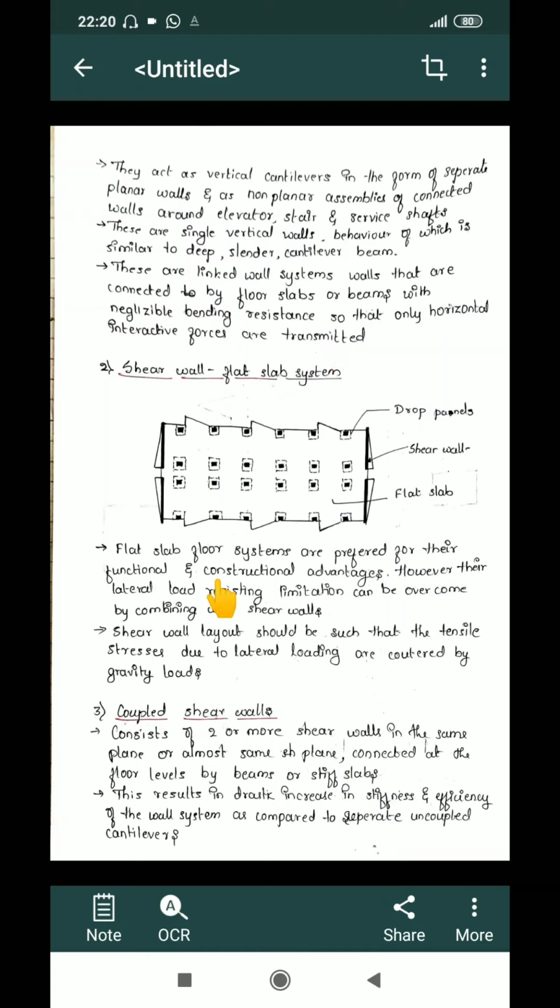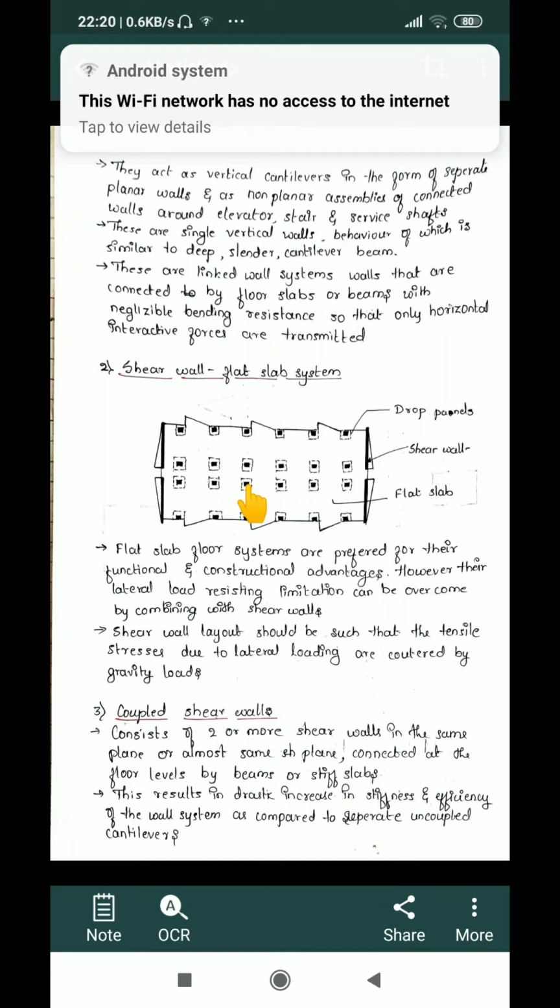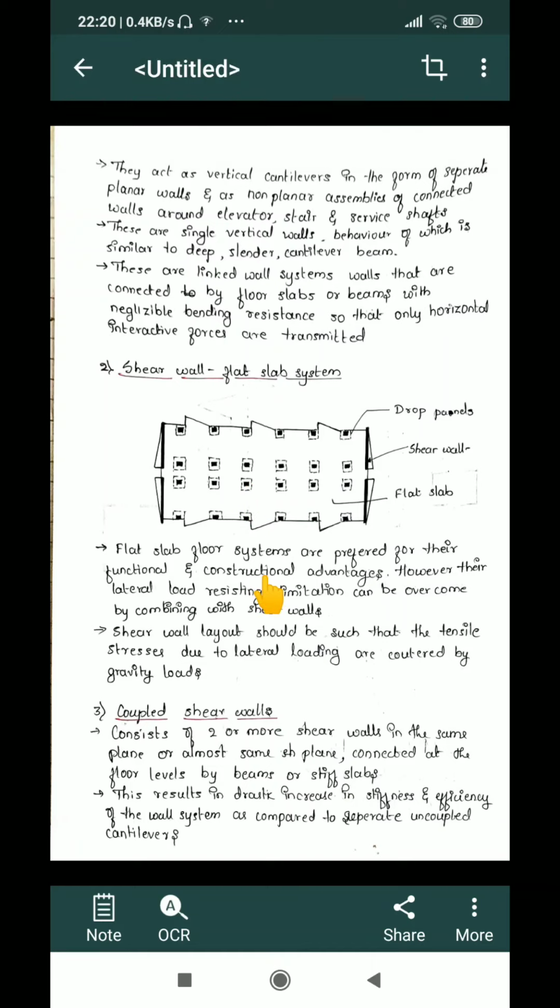Second type is shear wall with a flat slab system. We all know that flat slabs are a very preferred type of floor slab as far as functional aspects and constructional advantages are concerned. But the only disadvantage about the flat slab is that it is very poor when it comes to lateral load resisting aspect.